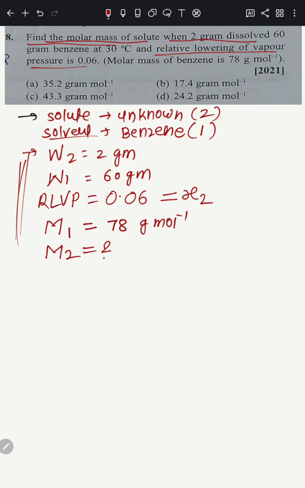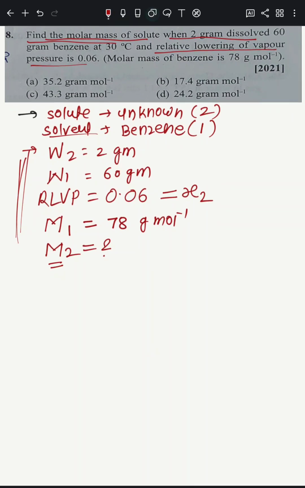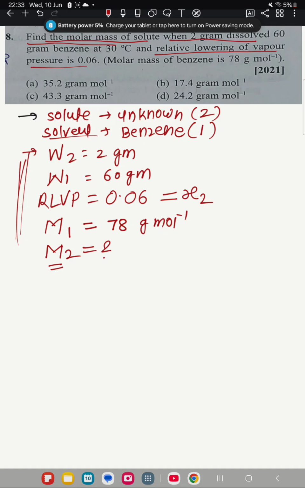This much is the given material. Okay, what is the strategy? What are we going to do for the calculation of the answer? If you want to find M2, there must be a formula, that is the relative lowering of vapor pressure, the Raoult's law.